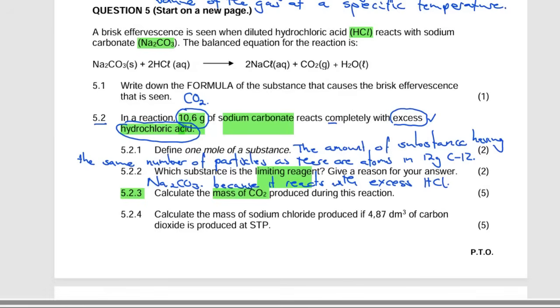Going back again as a reminder, we are looking for the mass of carbon dioxide that is going to be produced. Now we have our mole ratio, so we're going to focus on the mole ratio.